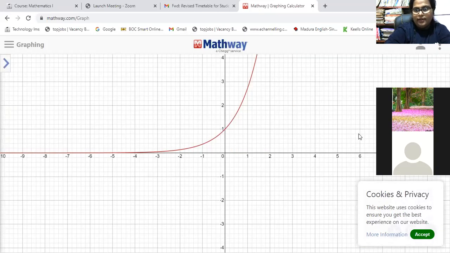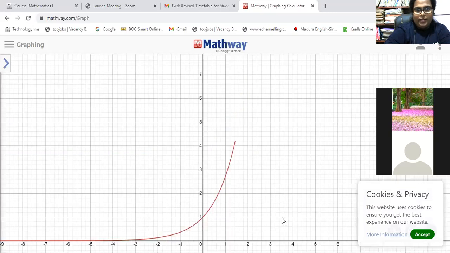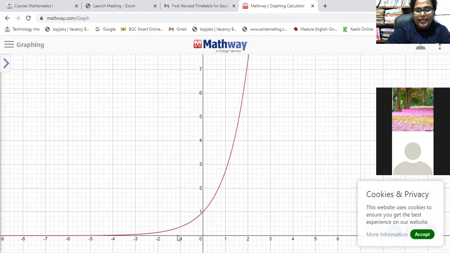This shows you the e to the power x graph. Then you can see that the increase in y per one interval is not the same. So when you are taking these two, let's take this interval, right? When you take the interval from one to two, the increase in y is this much, right?